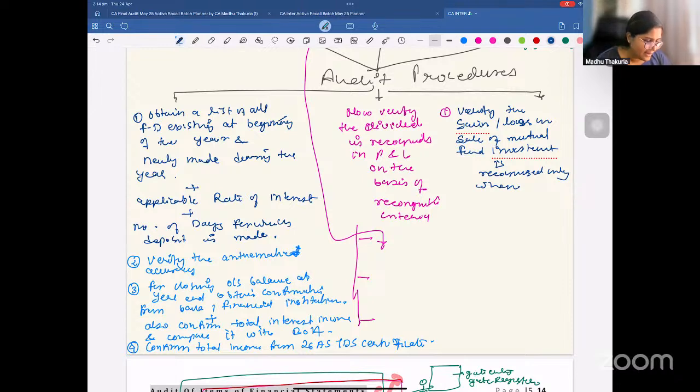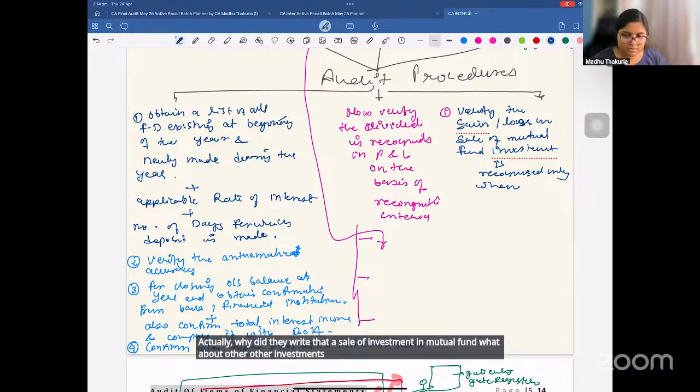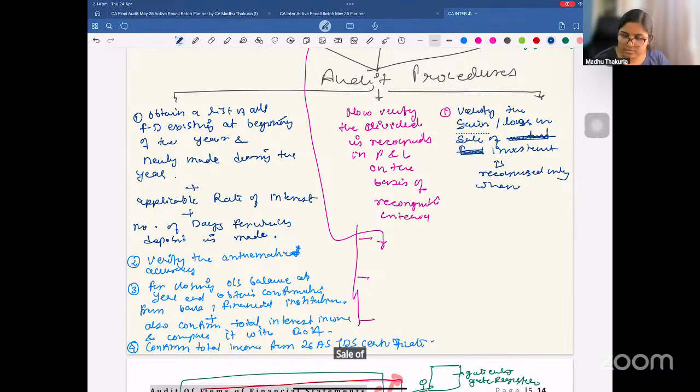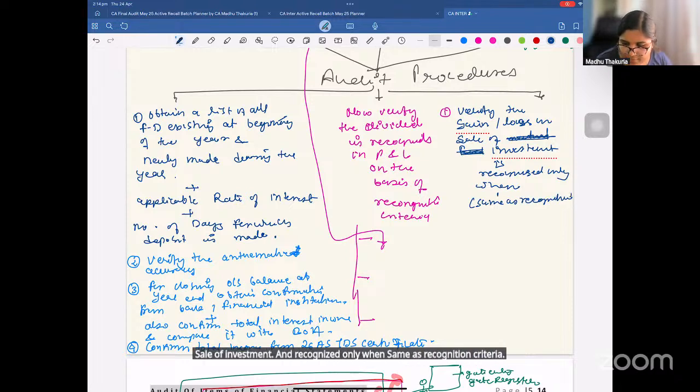Why did they write that as sale of investment in mutual fund? What about other investments? No, don't write mutual fund. Sale of investment, recognized only when same as recognition criteria. And you mention both the recognition criteria as point A and B.